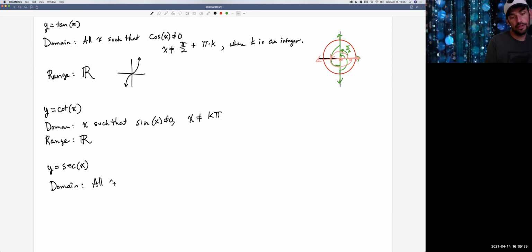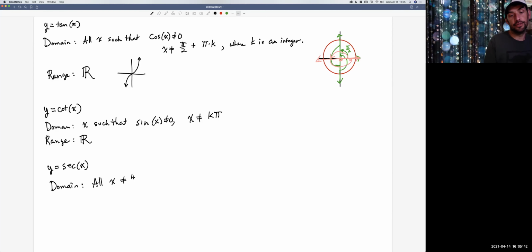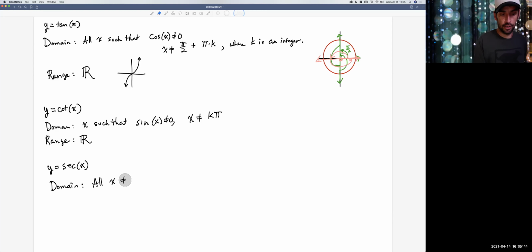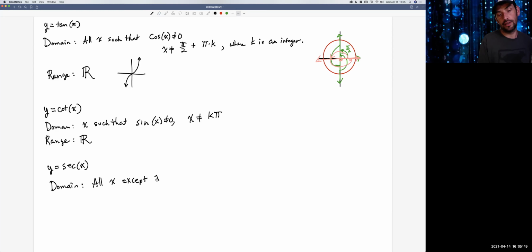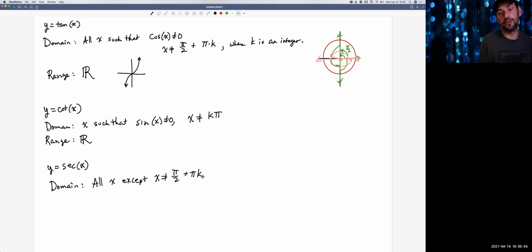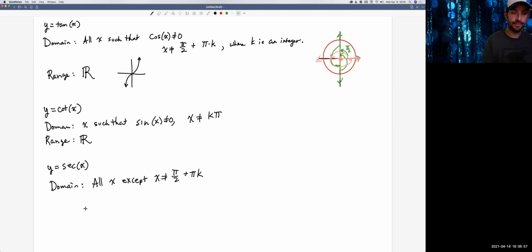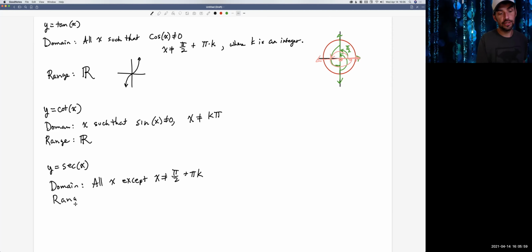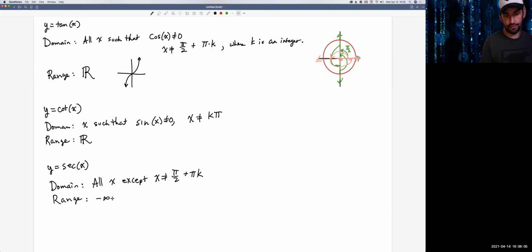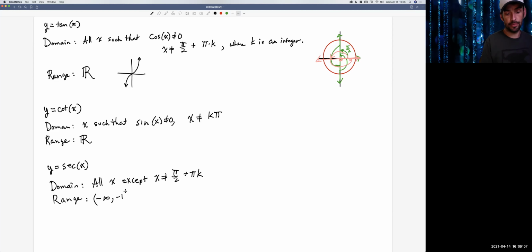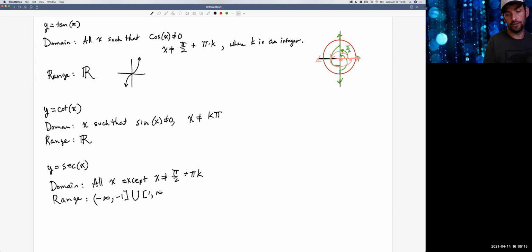So all x except x equal to pi over 2 plus an integer multiple of pi. The range, we can write this a couple ways. I'll write it this way. It's -infinity to -1. Remember, it was below the cosine graph. Or we can use this union symbol for or, 1 or higher.